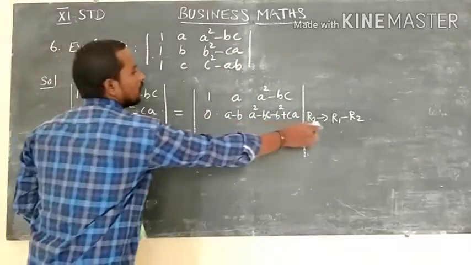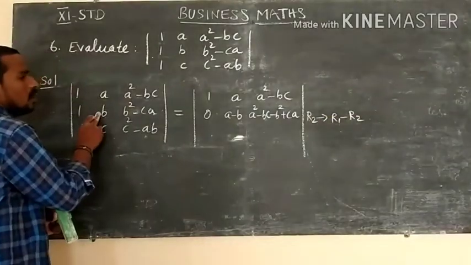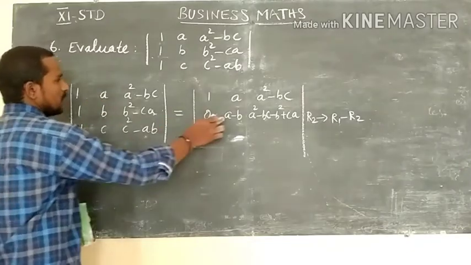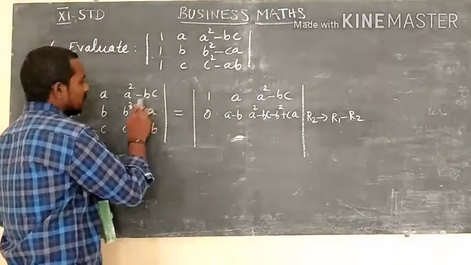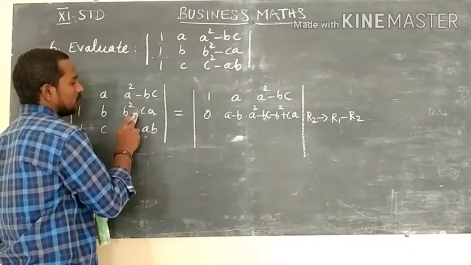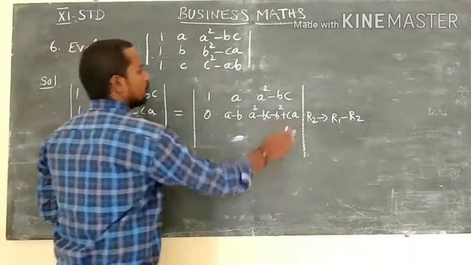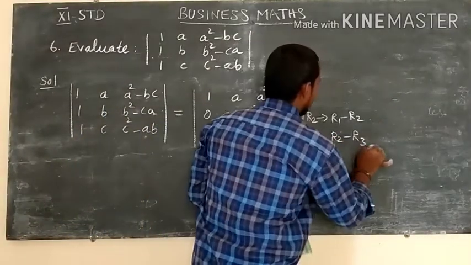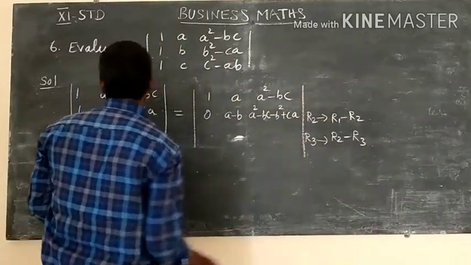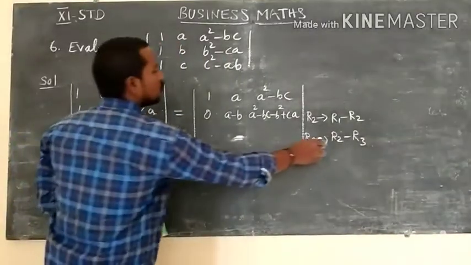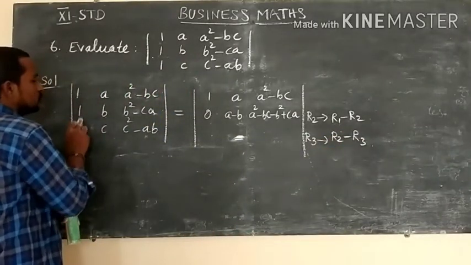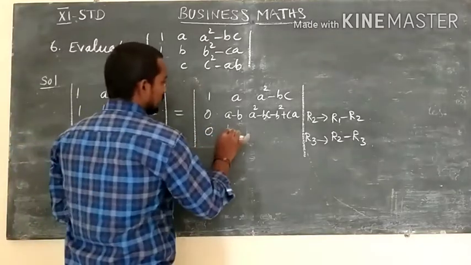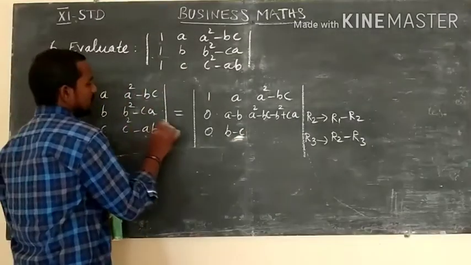So change the sign of the r2 values. 1 minus 1 is 0, a minus b is a minus b, a squared minus bc minus this value, so minus b squared, and minus into minus is plus ca. Then similarly row 3: r2 becomes r2 minus r3. Now I want to change r3, so subtracting these two rows: 1 minus 1 is 0, b minus c, then b squared minus ca.